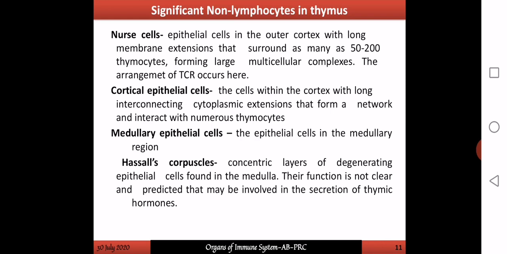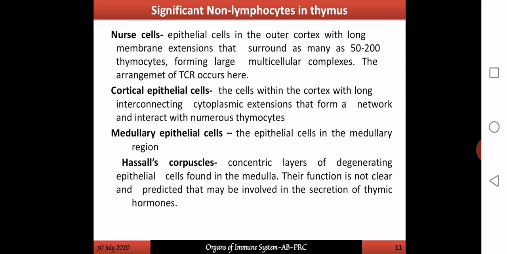Hassall's corpuscles are concentric layers of degenerating epithelial cells usually found in the medulla, the inner portion. The exact function is not clear, but it is believed that they might be involved in the secretion of thymic hormones, because the development of thymocytes is dependent on the presence of various hormones and other chemicals.